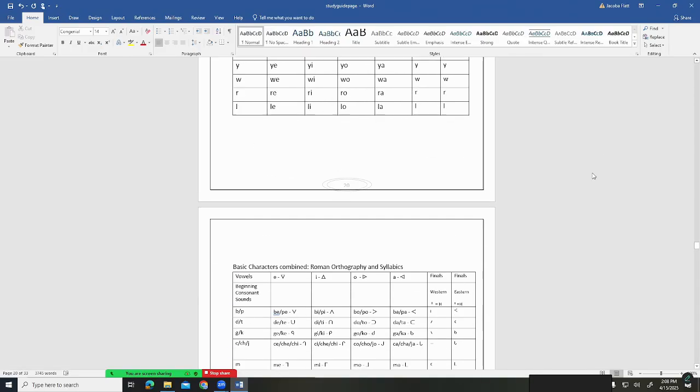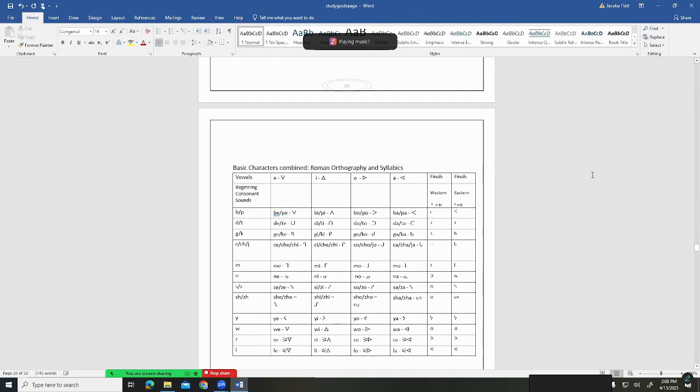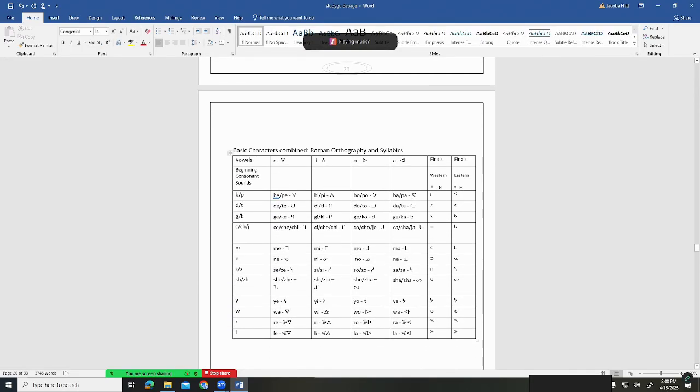And so the basic characters are combined with Roman orthography and syllabics. So we have it in the English letter and the syllabic, again with the finals.